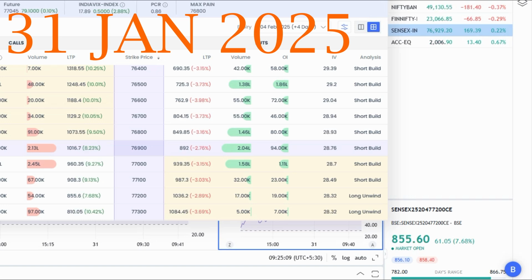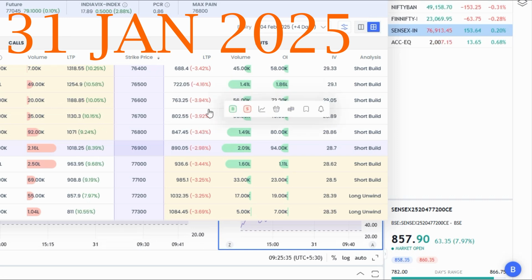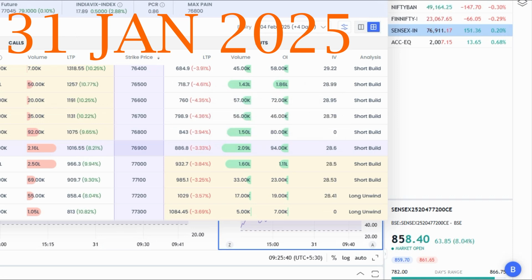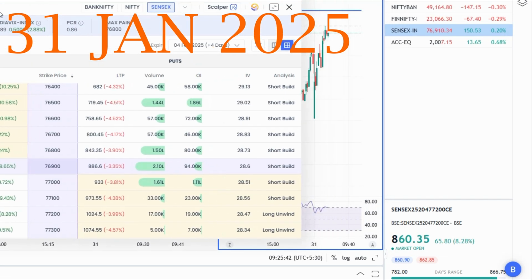Yeah, likely to move upwards in the option chain data also. We are likely to get the nearest target. Let us see the next one. Data is getting slowly, movement is there.